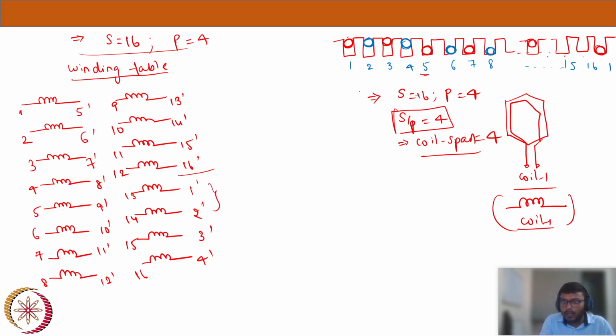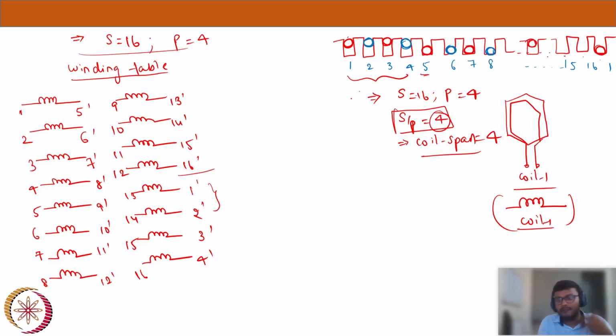Now, slots per pole is 4, right? That means my first 4 slots will be under the influence of either a north pole or a south pole, where at any instant of time the motor will be rotating. If you take a screenshot of a motor at any instant of time, each pole will have 4 slots under it.